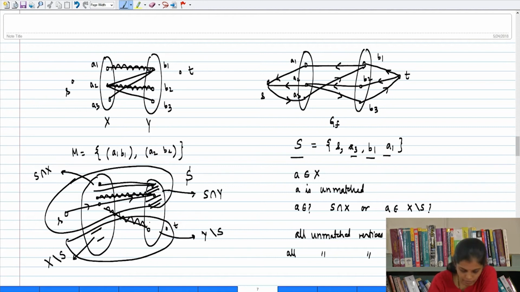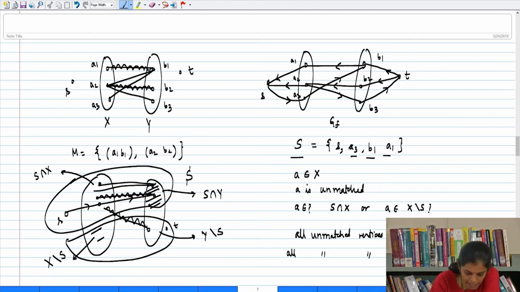Is this fine? Okay. So then where should these vertices have their matched partners? There can be matched vertices in Y minus S also, right. So where can they have their matched partners? They must have it in X minus S, right.